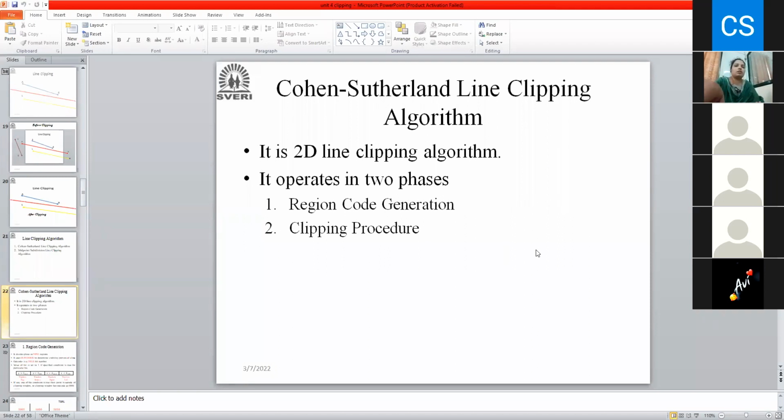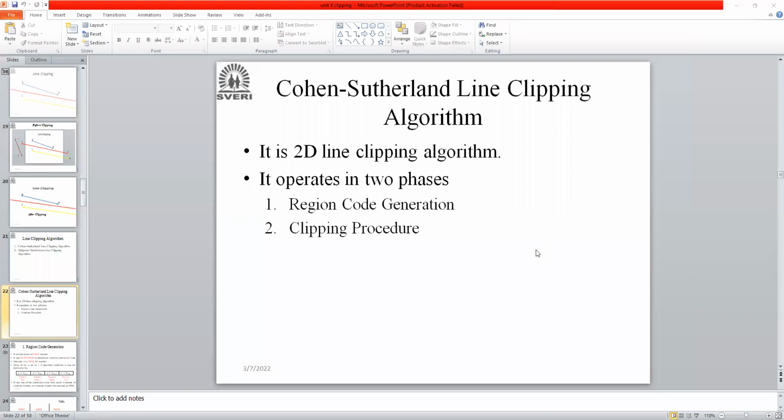So you can see the Cohen-Sutherland line clipping algorithm. It is a 2D line clipping algorithm and it operates in two phases. The first phase is called region code generation.